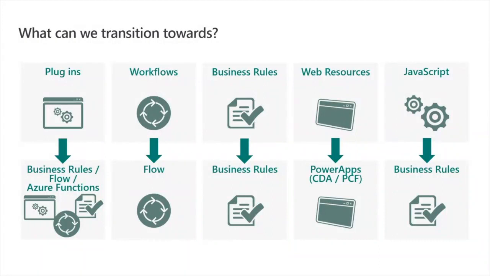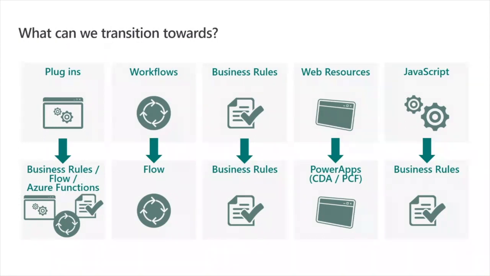So if you have a scenario where you're thinking of going and building a plugin, see if a business rule would do. You could have a business rule at the entity level, or you could build a flow for achieving that. Or if you think that this is a very complex computation that's going on here, can I actually offload some of this into an Azure function rather than putting all of the calculations and transformations within a plugin?